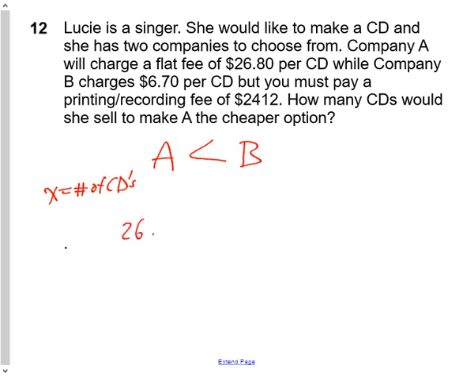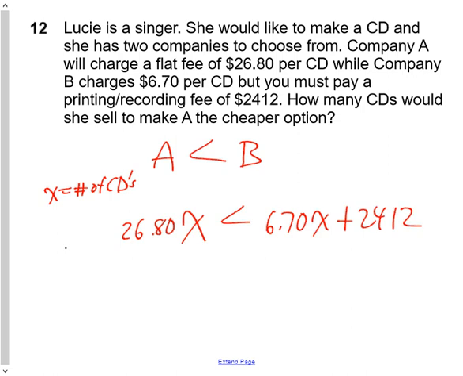So $26.80 multiplied by X, or a coefficient, will be less than Company B, which is a much smaller coefficient, 6.70X. And you don't need the zero in either one of those coefficients, but they're there. Plus that fee of $2,412.